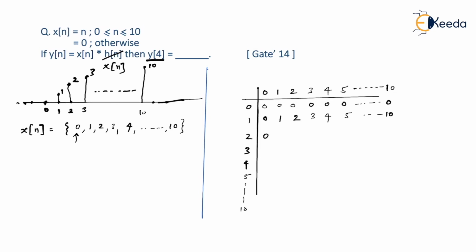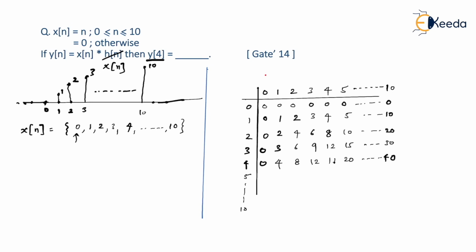So you'll get 0, 2, 4, 6, 8, 10, 20. So multiplying with 3 will give you 0, then 3, 9, 12, 15, 30. Multiplying with 4 will give you 0, 4. Let us see if this much is enough for you.